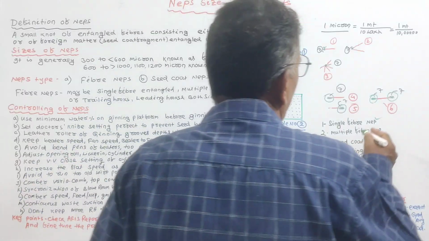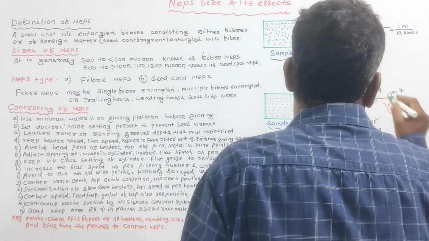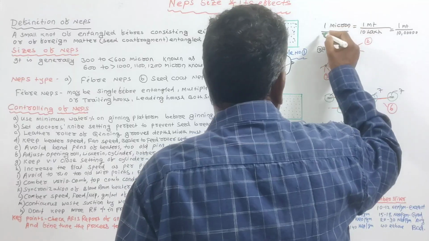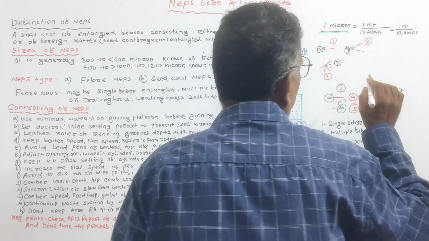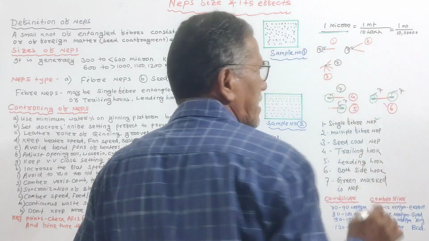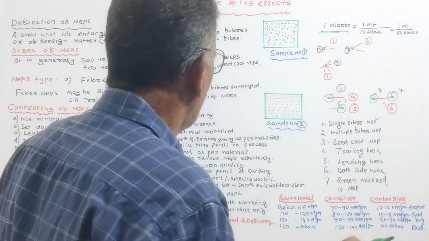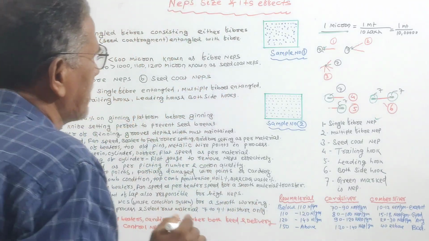These are the nep categories, and note that 1 micron is 1 meter divided by 10 lakh. That thickness is called a micron. See another thing.